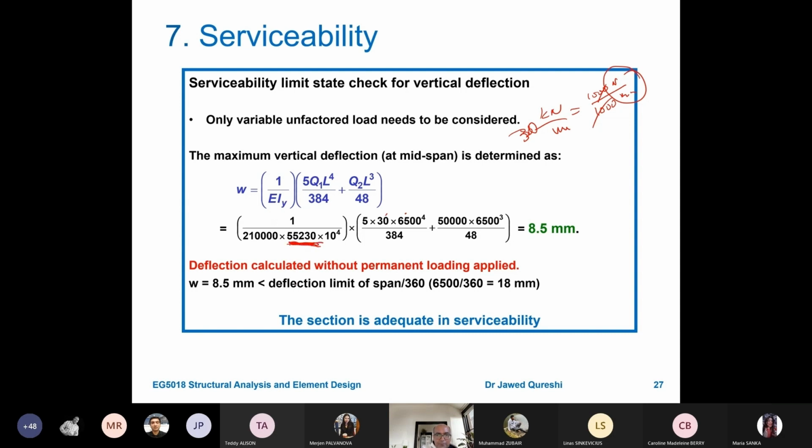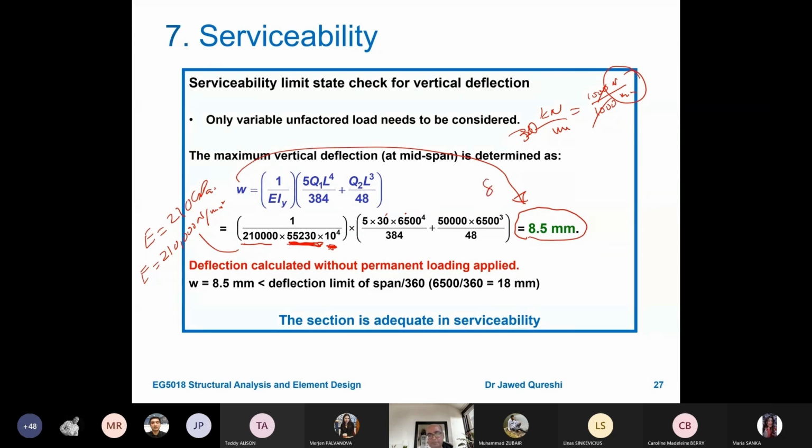You get it from the section table, but you get it in centimeter to the power 4. You have to convert it into millimeter to the power 4, and then E for steel can be taken as 210 gigapascal, or I can say 210,000 Newton per millimeter square. Once you put all these values, you get w, or you can call it the deflection as well.